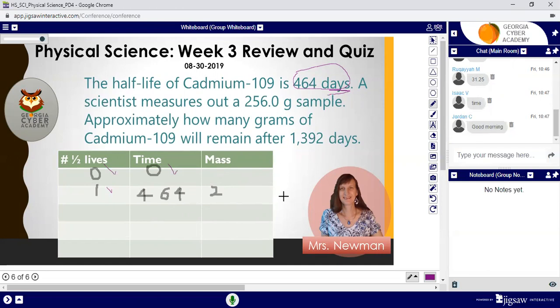All right, so a scientist measures out a 256 gram sample. So what do grams measure? What do grams measure? I see we've got them there in the mass column, and that is correct. And so when we're doing half-life, what do we do to the mass for every half-life?